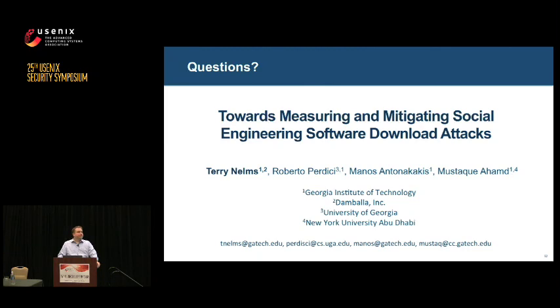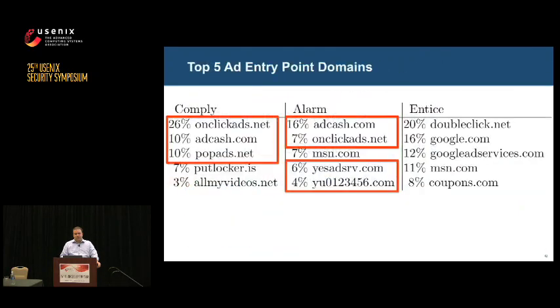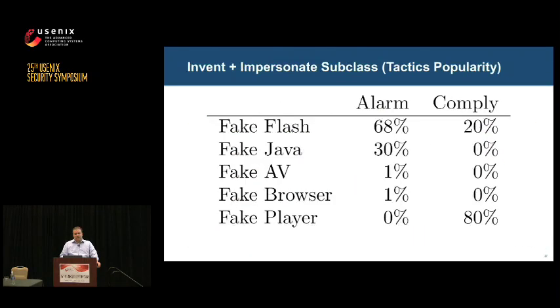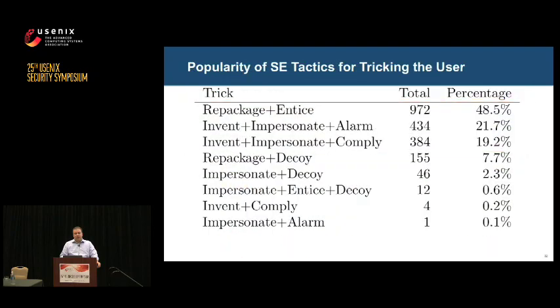So I was wondering, did you study how effective these different tactics that the software developers are using are in attracting victims? Whether, for example, an alarm is more effective than a compliance message or something like that? Yeah, I mean, that basically goes to the popularity that I showed during the presentation.